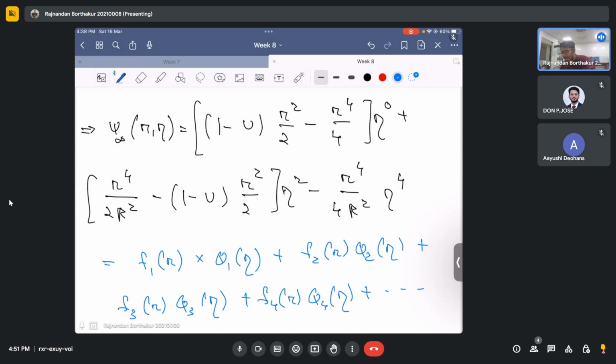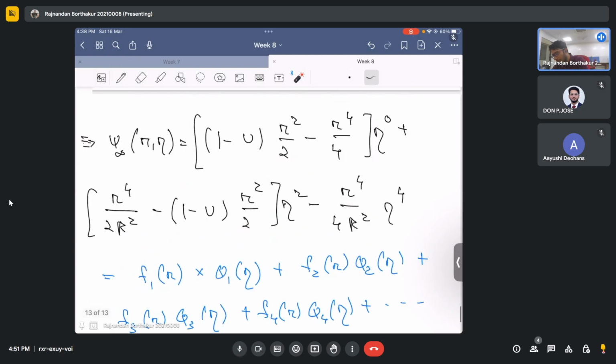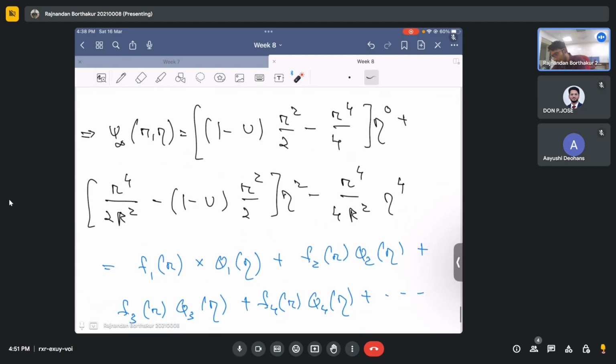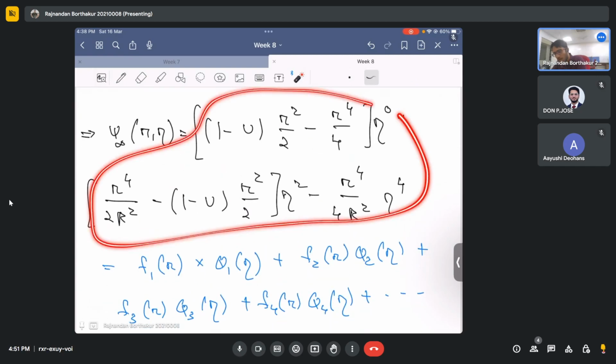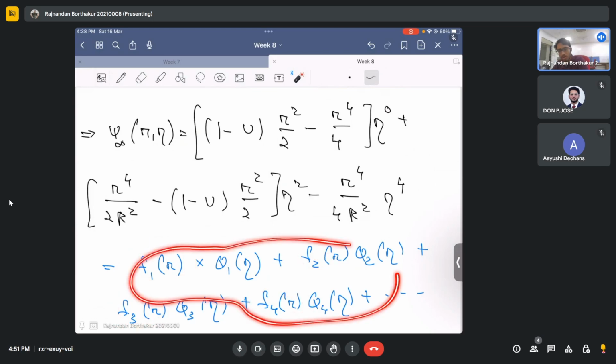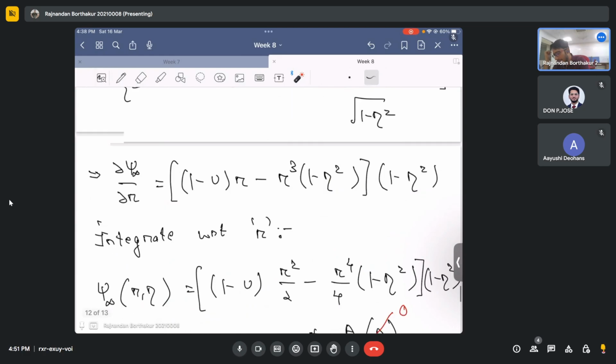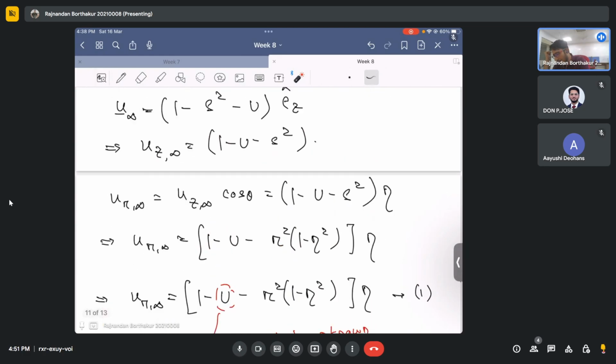So what I am trying to do is write this form into this form. This means I just need to evaluate f1, f2, f3, and f4, so that I can write it in the form of these Gegenbauer polynomials. Now, why do I want to write this in the form of Gegenbauer polynomials? That's because the series solution of psi is in terms of Gegenbauer polynomials, right?